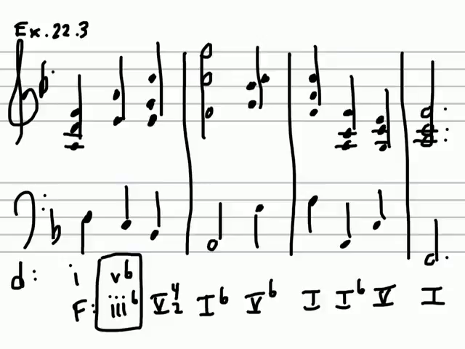Here in the book, they've sort of filled in the chords to show you what would happen. So we've gone from D minor to a perfect authentic cadence in the key of F, the relative major.